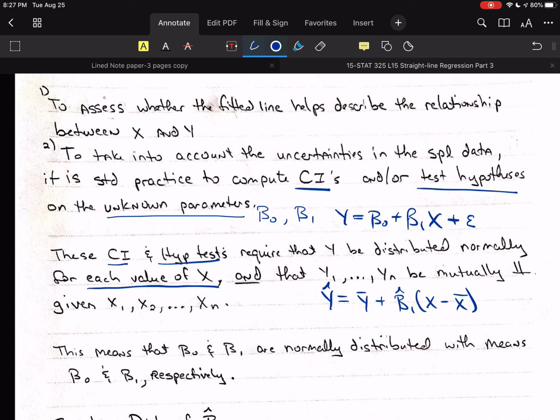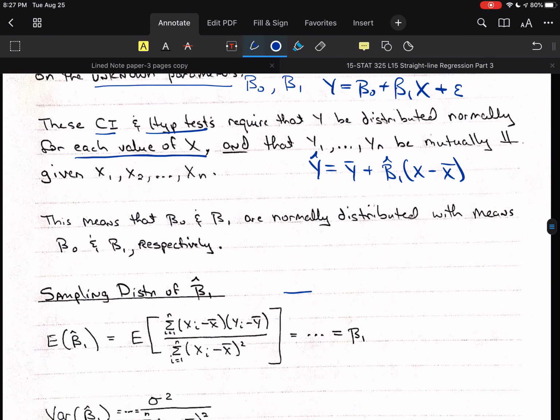If you recall the pictures that we had before, we would have x across here, and for each value of x, we would have a distribution, and we require that those distributions be normally distributed and that the variance for each of these be the same. Okay.